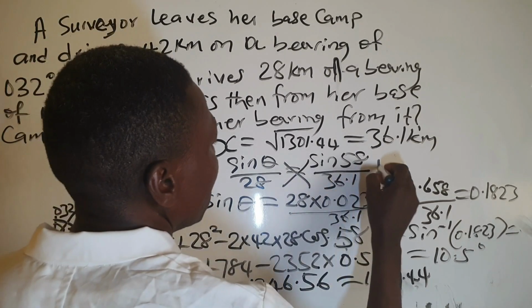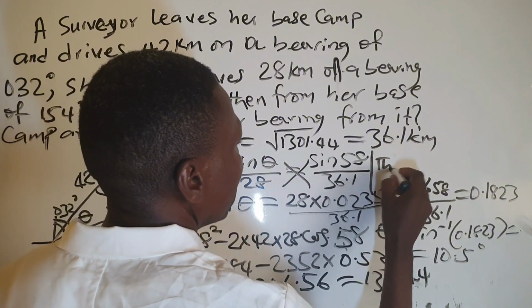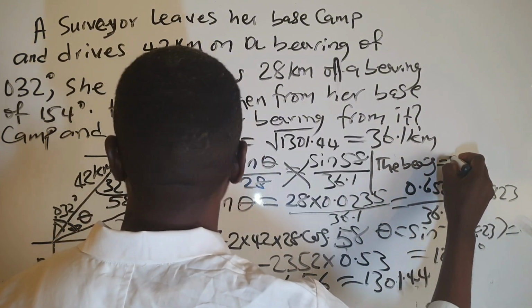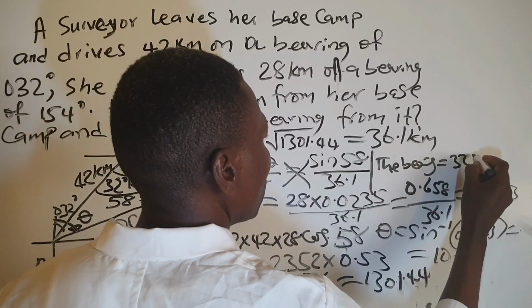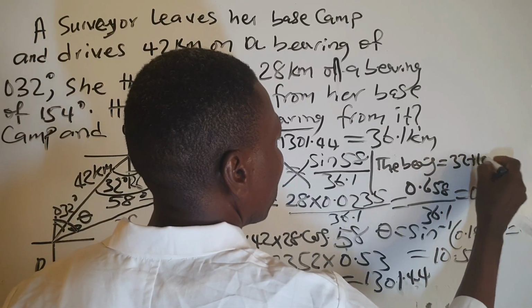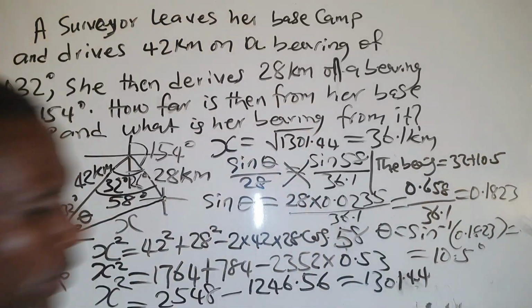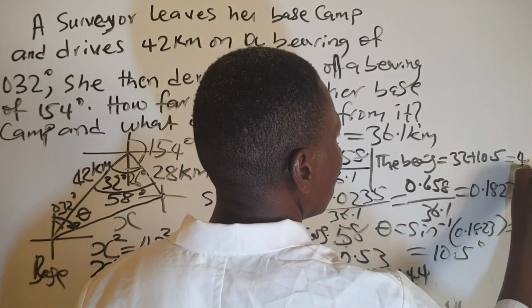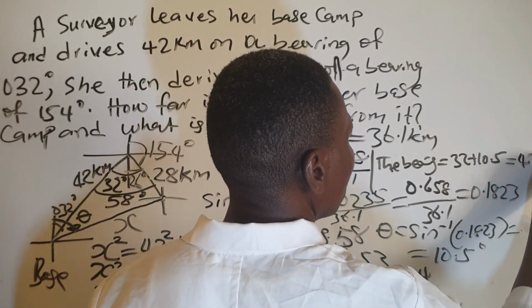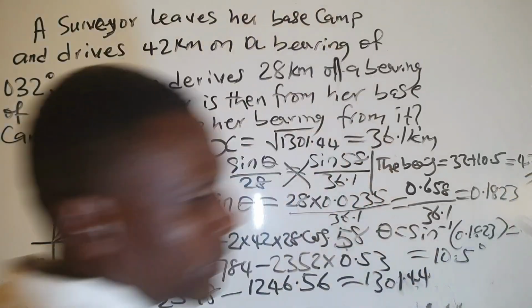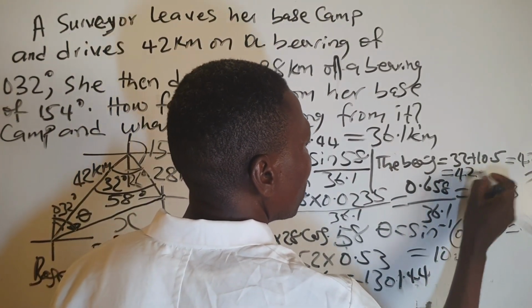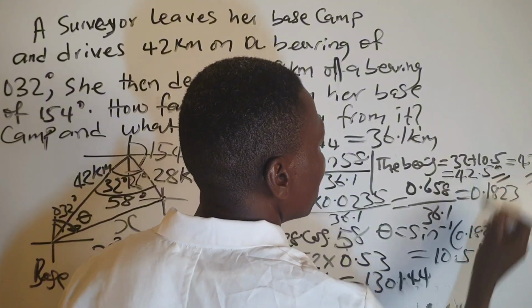So the bearing of the lady now will be 32 plus 10.5. The final answer will now be 42.5 degrees.